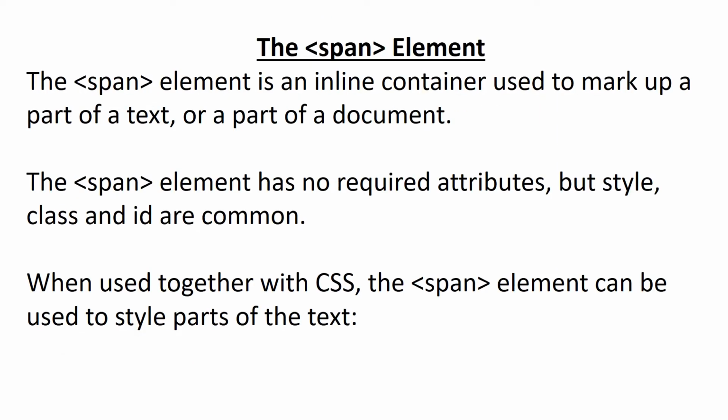Span element. The span element is an inline container used to mark up a part of a text or a part of a document. The span element has no required attributes, but style, class, and ID are common. When used together with CSS, the span element can be used to style part of a text.